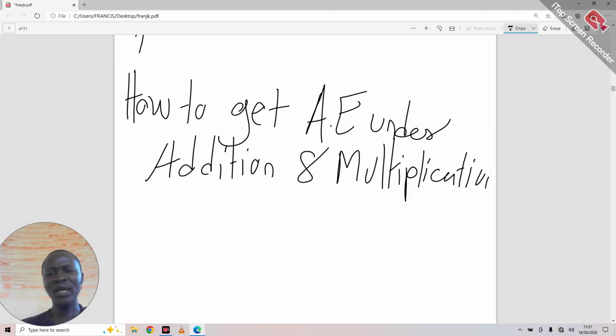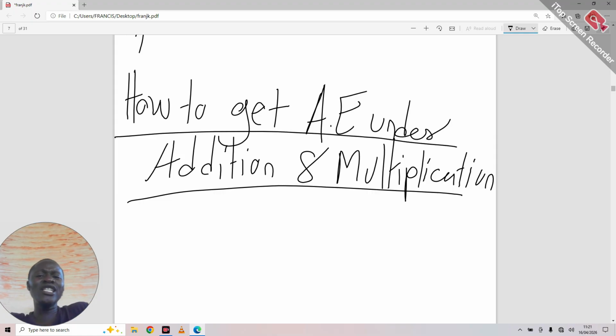What does this tell you? That addition and multiplication have the same procedure of getting absolute error. Addition and multiplication go hand in hand, using the same procedure, the same formulae of getting absolute error.